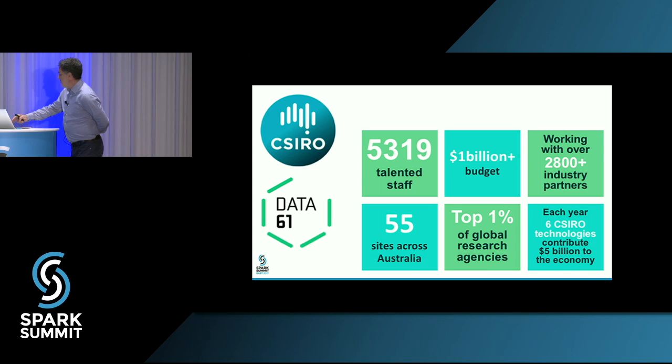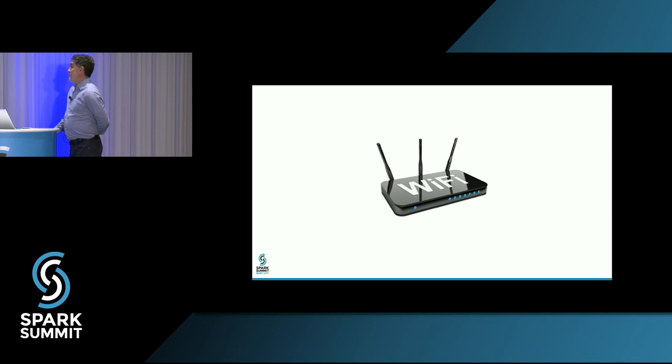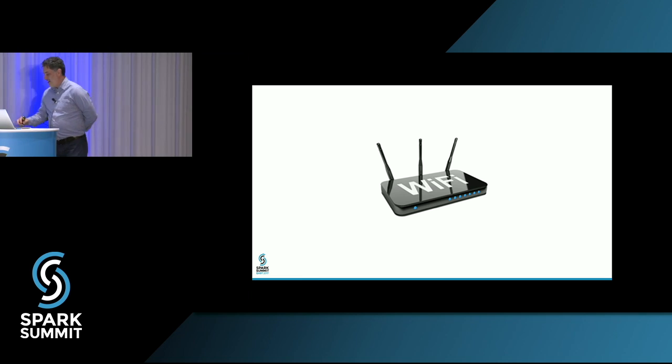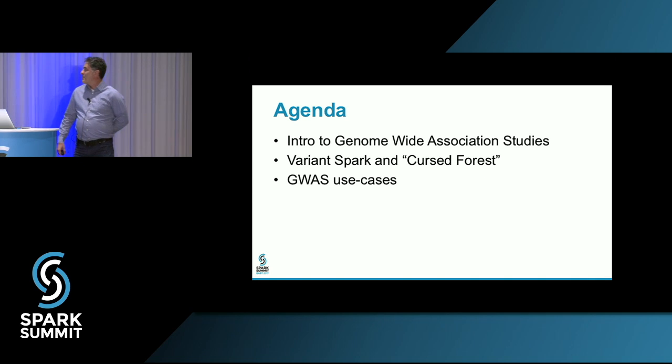And if you haven't heard about CSIRO before, you maybe should, that it's one of the birthplaces of Wi-Fi, and some of the very critical bits of algorithms and technology for Wi-Fi were developed in CSIRO in the early 1990s.